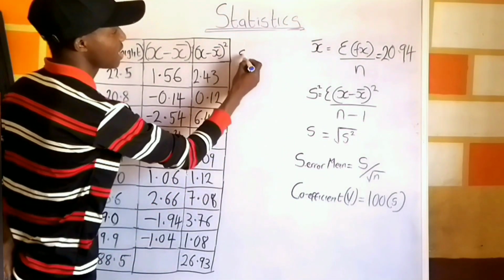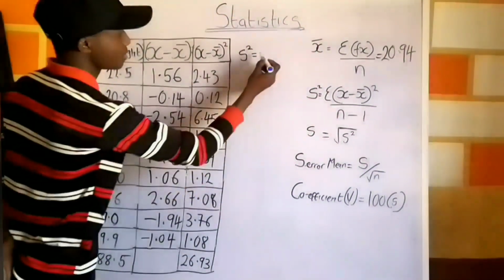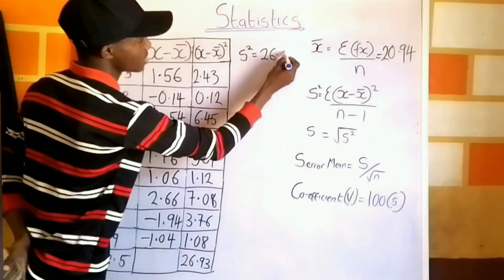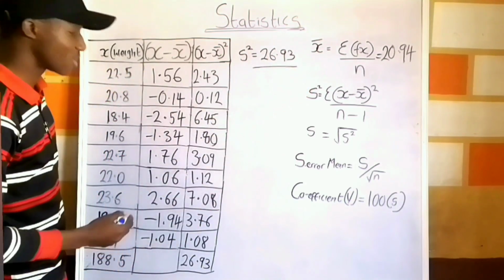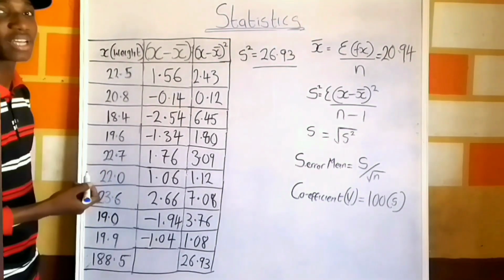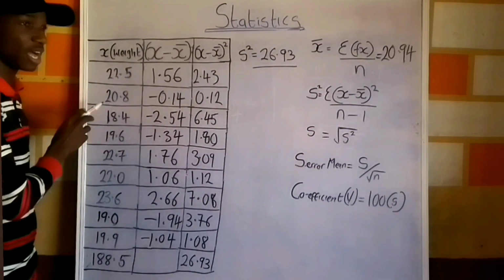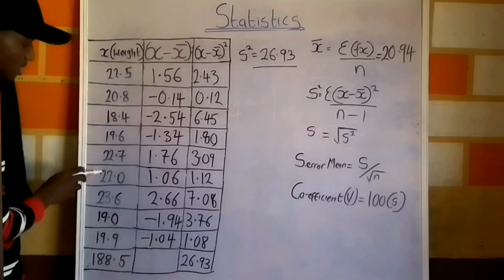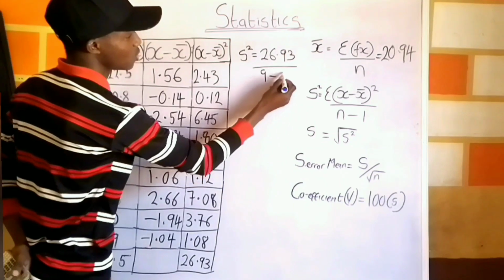So variance S squared is equal to 26.93 all over n minus 1. Don't forget that n is the number of calves available. That is the total number of the calves: 1, 2, 3, 4, 5, 6, 7, 8, 9. So n is 9. So I'm going to have 9 minus 1.